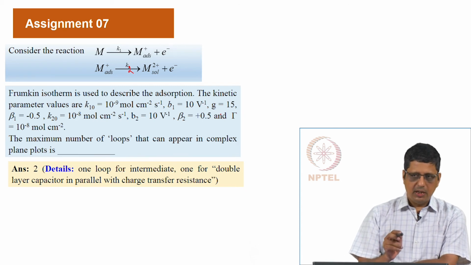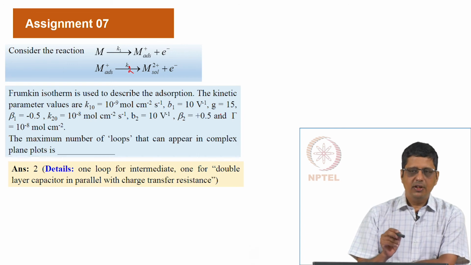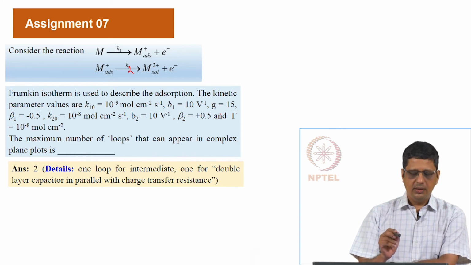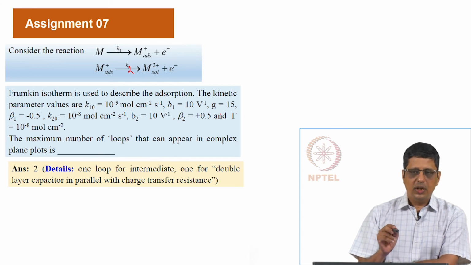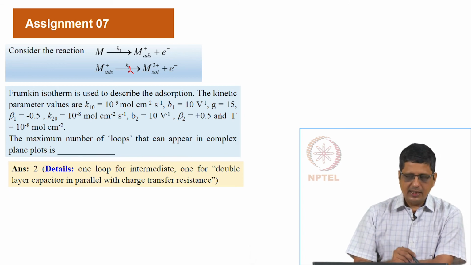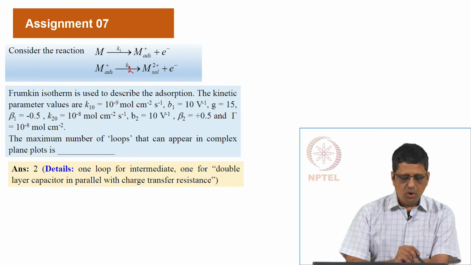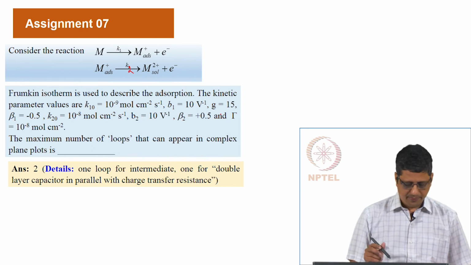We have one adsorbed intermediate, regardless of whether the adsorption isotherm is given by the Langmuir model or the Frumkin model. One adsorbed intermediate will give rise to one time constant. So, we expect to see a maximum of 2 loops in the complex plane plot.